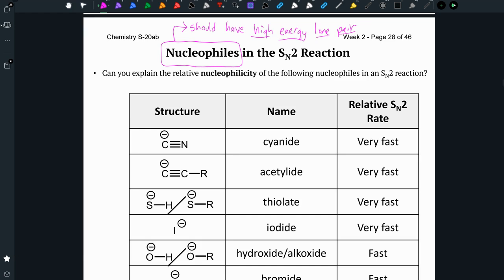So what would make a lone pair higher in energy? Think about it for a second. Higher energy lone pairs would mean low electronegativity. It would mean having a negative charge. Those are things that help make things a better nucleophile.